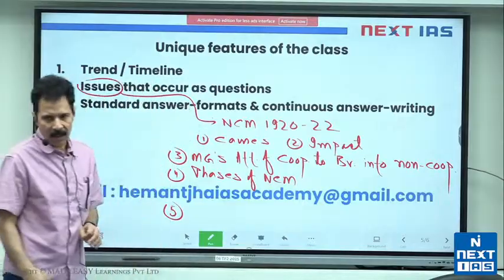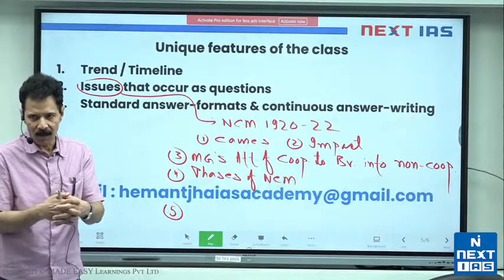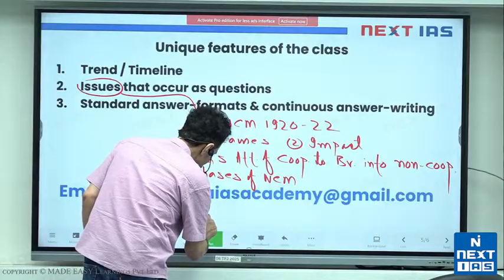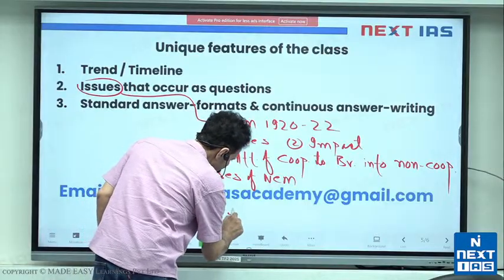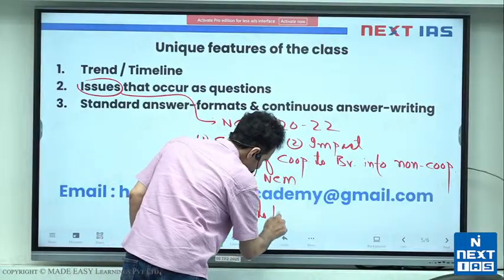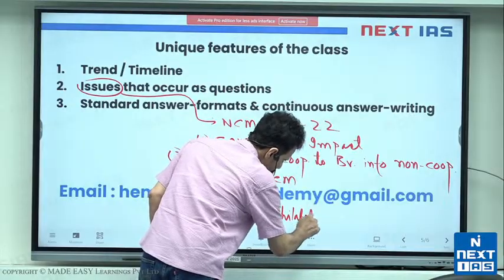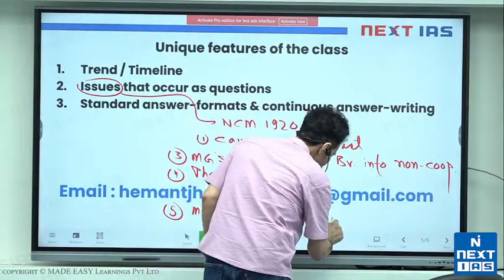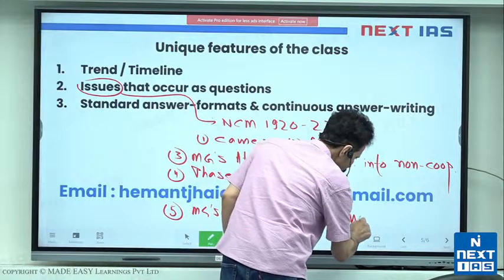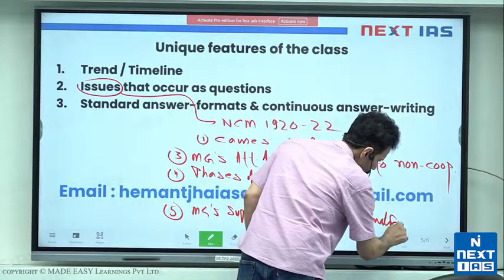Now, number 5. You might be knowing NCM was connected to the Khilafat issue. One aim was the Khilafat issue, right? So Mahatma Gandhi's support to Khilafat, cut, nationalism.